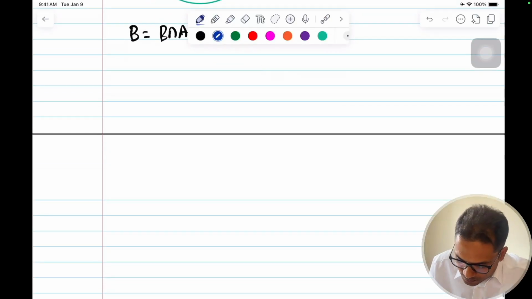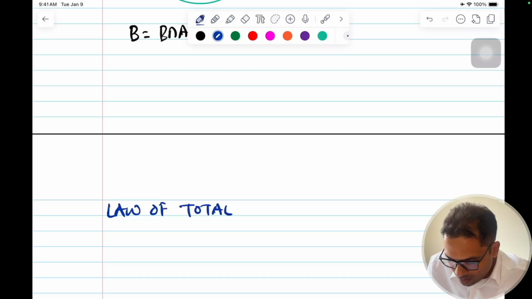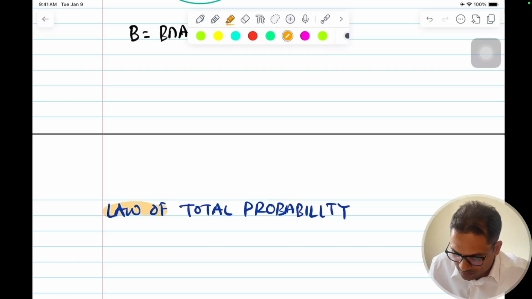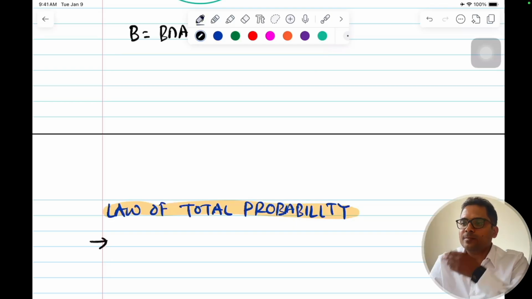Let me write it down. Law of total probability. For computing any probability, we can use this law, and this holds. So let me define it for you. How is it defined?